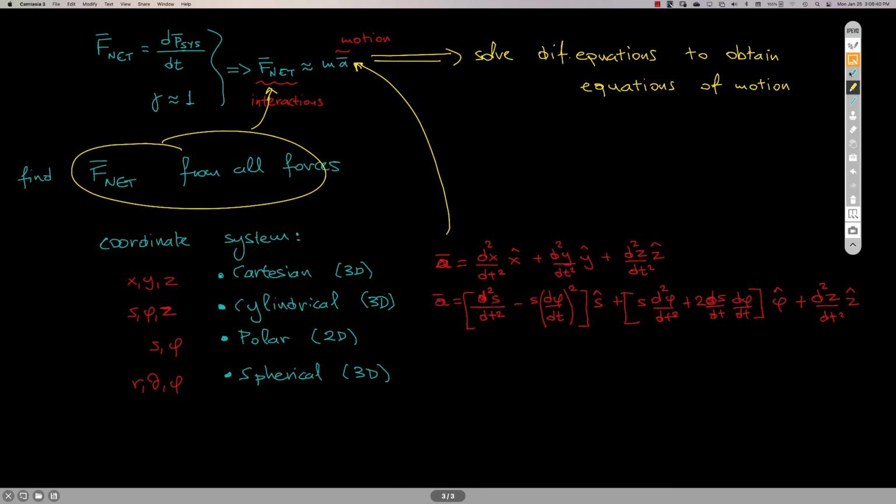If you use Cartesian coordinate system, then the equations that you need to get from Newton's second law are the following. What the acceleration in the x is as a function of time, what the acceleration in the y is as a function of time, what the acceleration in the z is as a function of time.